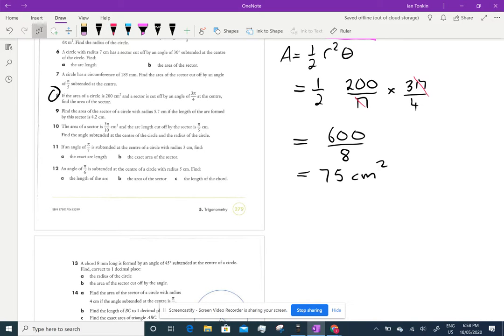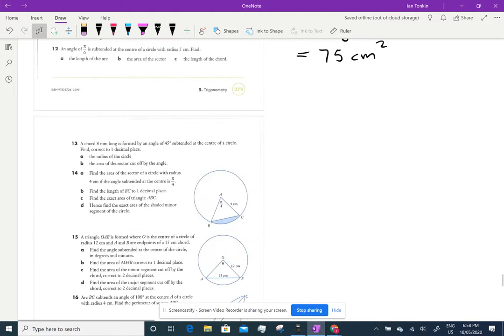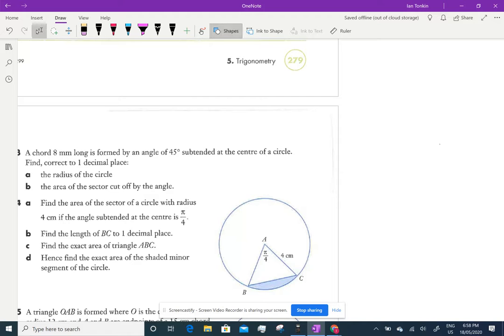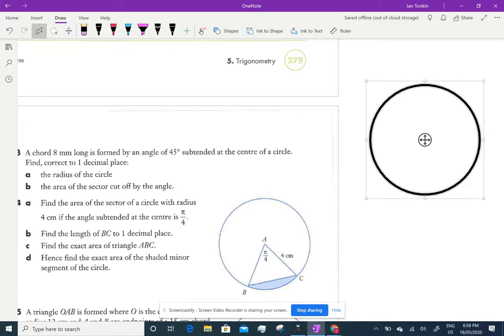Now, the next one, I'm just looking back to the email, 13. So question 13, let's have a look at it. A chord. Okay, so we need to draw a circle. So let's draw a circle. That'll do me. And we've got a chord.